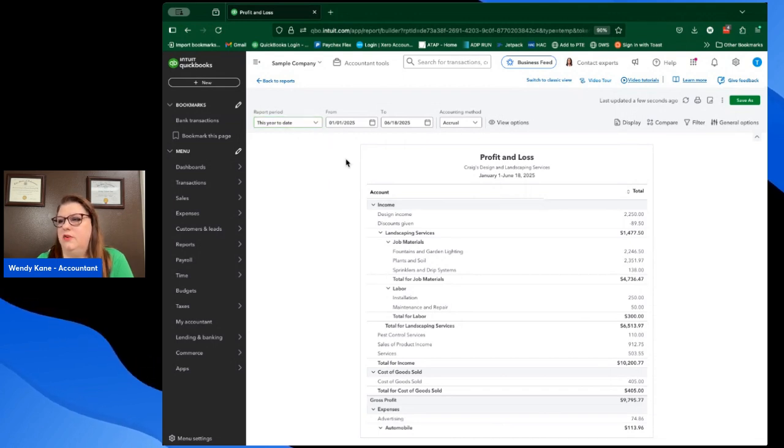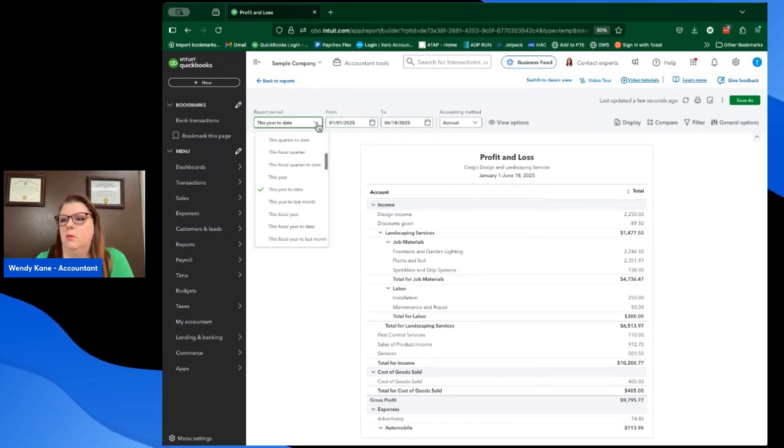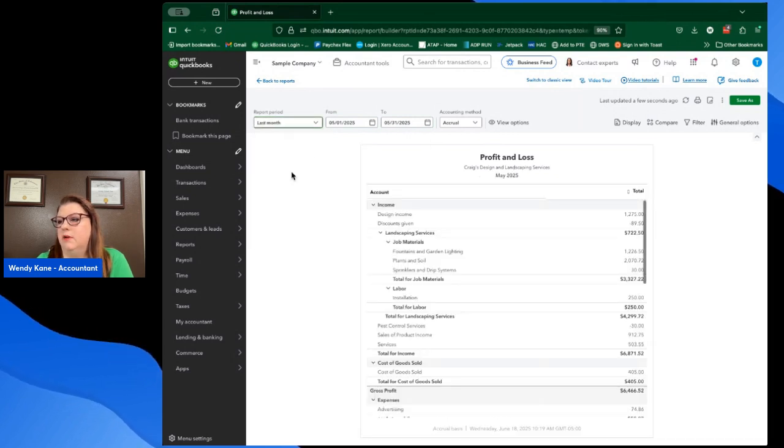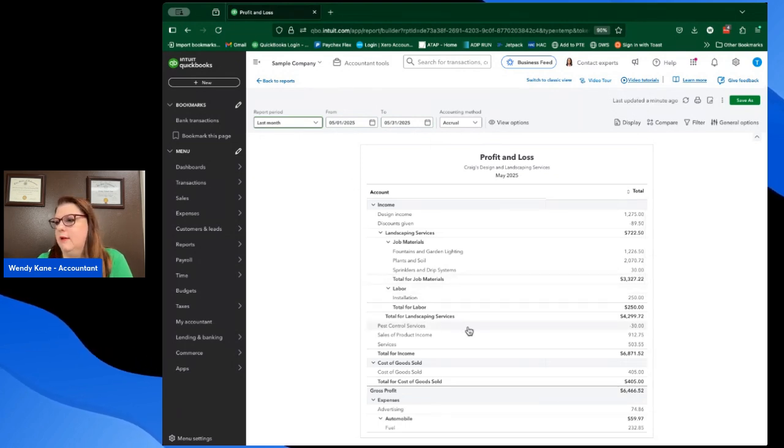So this just defaulted to this year to date. So you can see today's June 18th, January 1st to June 18th. What I do a lot when I'm doing my monthly clients' bookkeeping, I look at last month because we're pretty much on a monthly basis. So you can always do that.